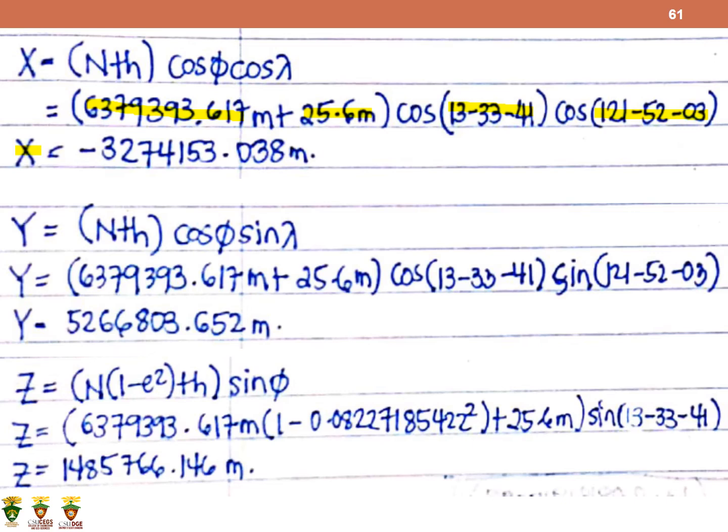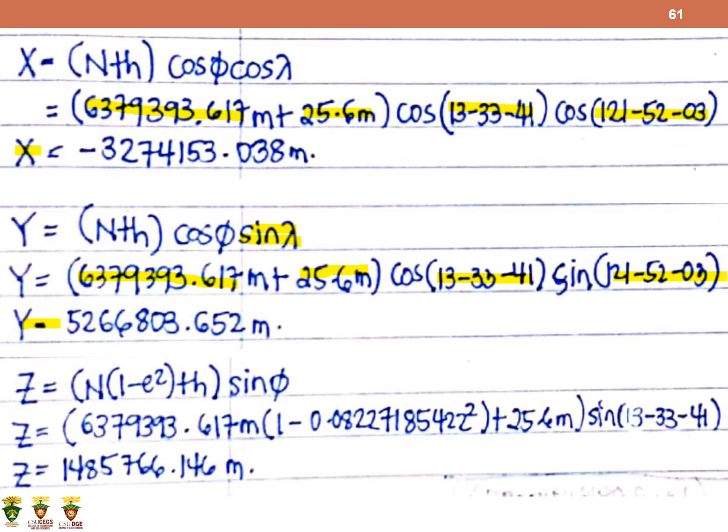For y, it is the same formula as x, but the difference is that it uses sine lambda, or sine geodetic longitude. Substitute the value of N, the given h, and the given latitude and longitude. You can have the value of y to be 5266803.652 meters.